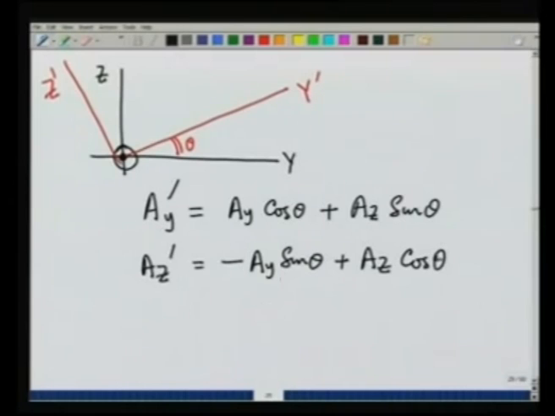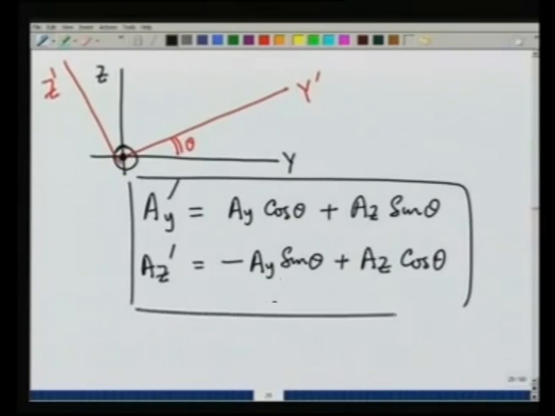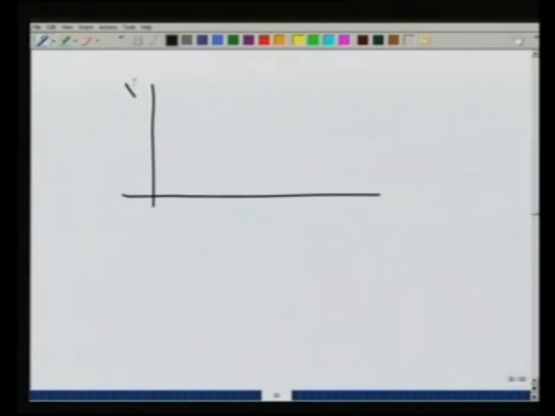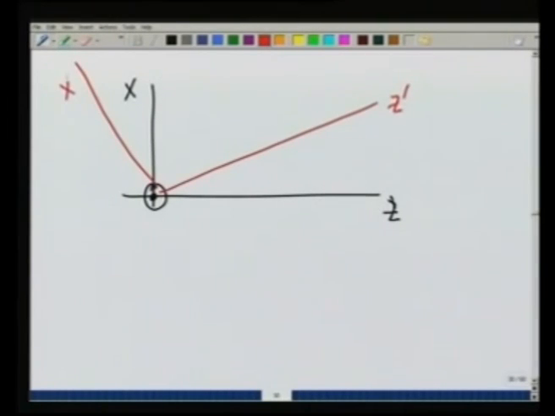cosine theta. Similarly, if I rotate about the y axis, let us do that. If I rotate about the y axis, this is going to be x axis, z axis, y axis coming out, and make my new z prime and x prime axes like this.